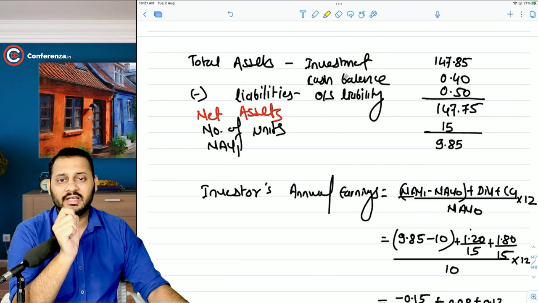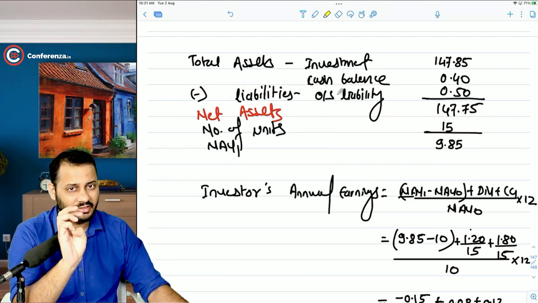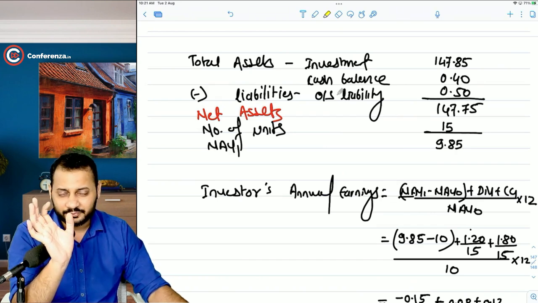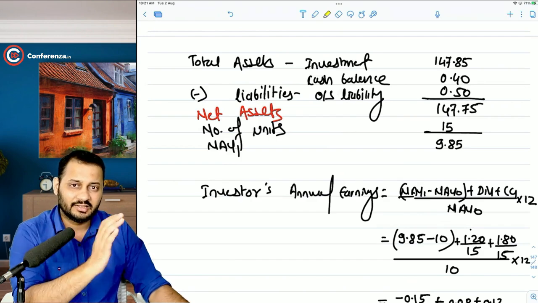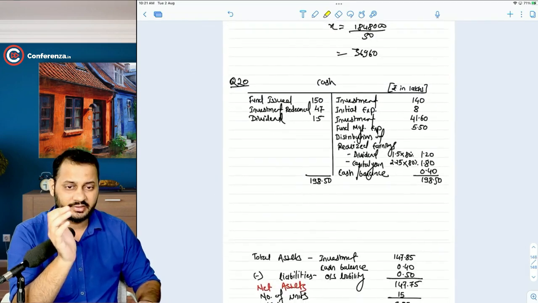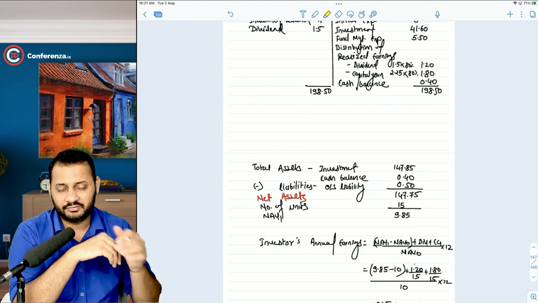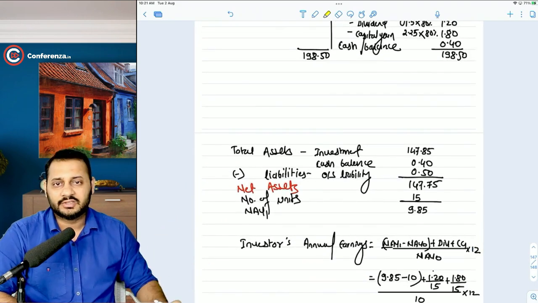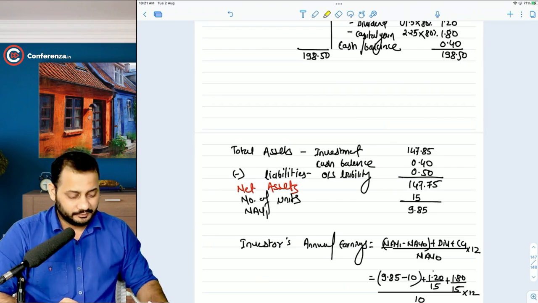For total assets and liabilities, these are the three items: investment, cash balance and outstanding liabilities, which you had to take from the first paragraph given in the question. So the moment you keep reading the question, adjusting the figures, preparing the statement, you will get to know all these three figures. With that, you've calculated net assets, then NAV 1, and then this investor's earning. Are you okay with this example?